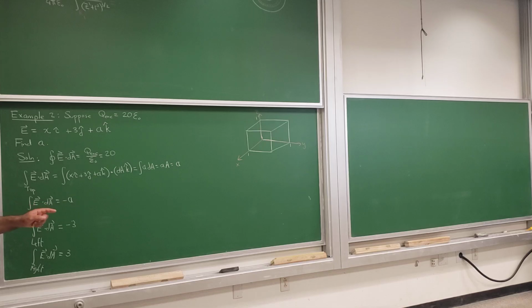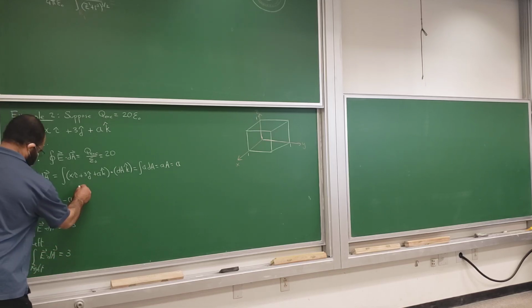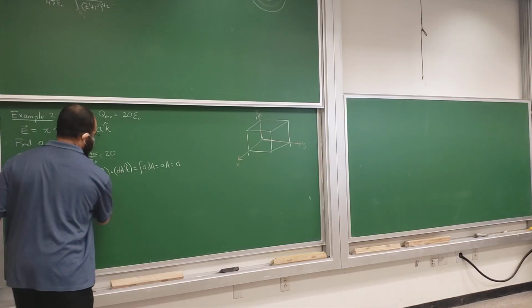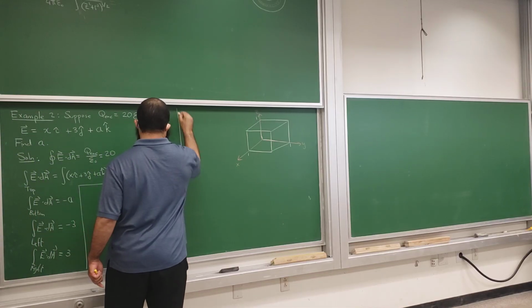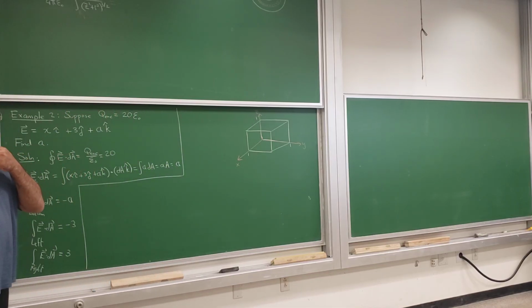I just made up this problem, so hopefully it comes out correct. My goal was to review what flux is and how to work with flux. Now, we did top, right and left, and now we need to do front and back.